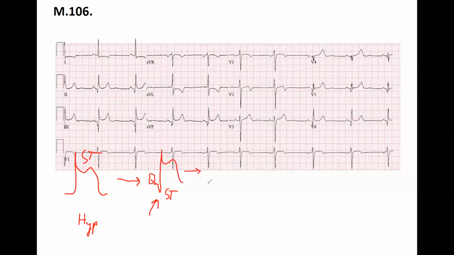Later on, what will happen? The Q is deepening, and later on the ST goes back a little bit, and the negative T is developing. So relatively, what you have is a Q, ST, and a T inversion. It means that, for example, the coronary comes from here, and this area is necrotized, completely necrotized. That gives you the Q wave.